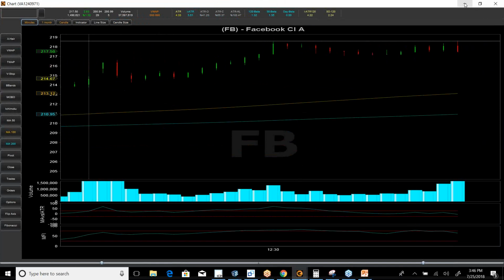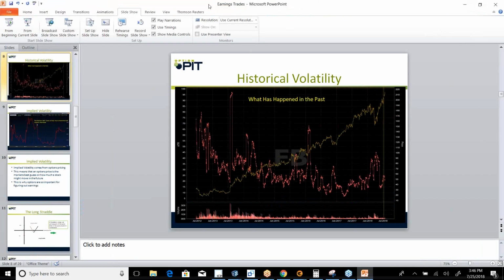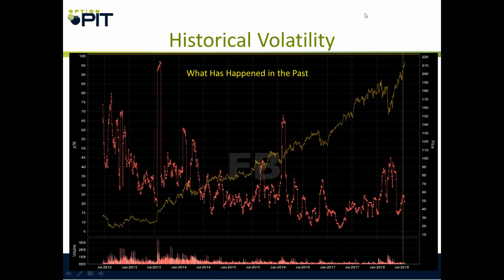So what ATR tries to do is take into account intraday movement along with the closing price. ATR is a million times better than close-to-close volatility. While I look at close-to-close, I have a lot of trouble.